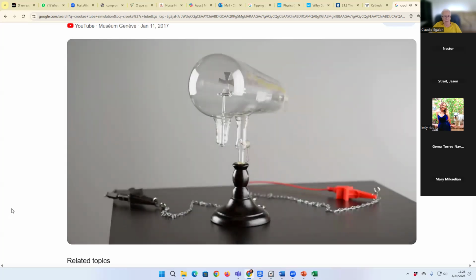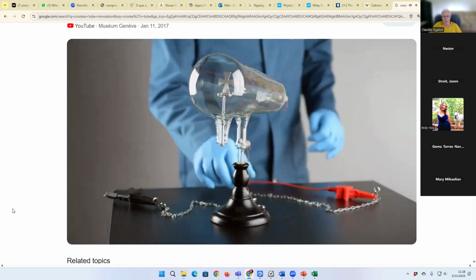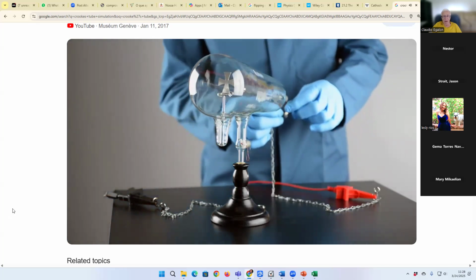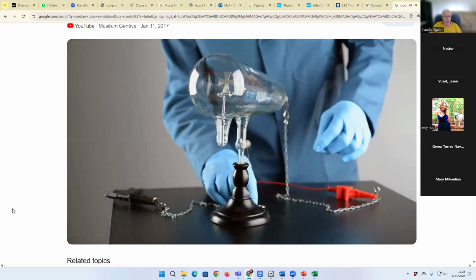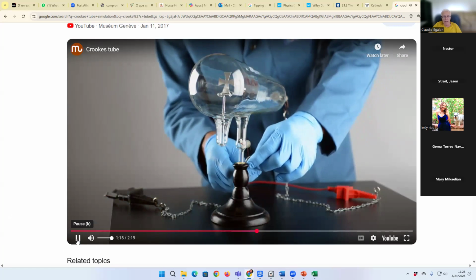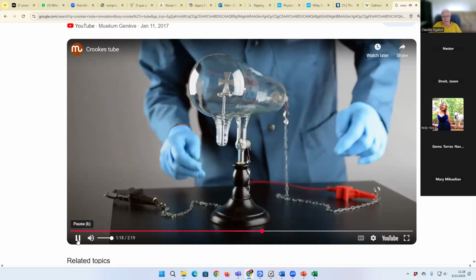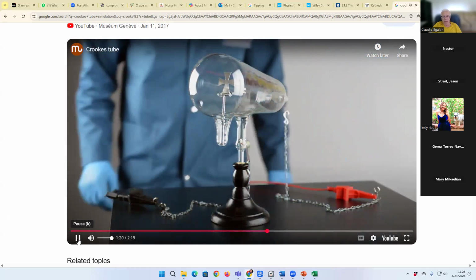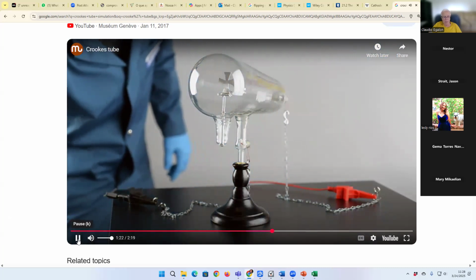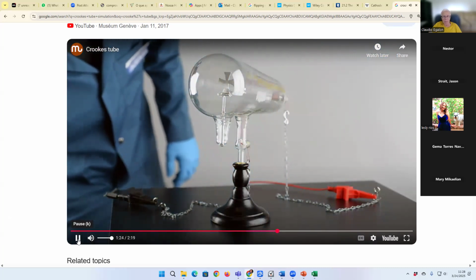Let's see if they have an actual one. Okay, here you go. He's going to apply an electric potential difference, very high voltage. I once got zapped by one of those, man. But I survived. Nothing bad happened to me. We're talking about high voltage here.